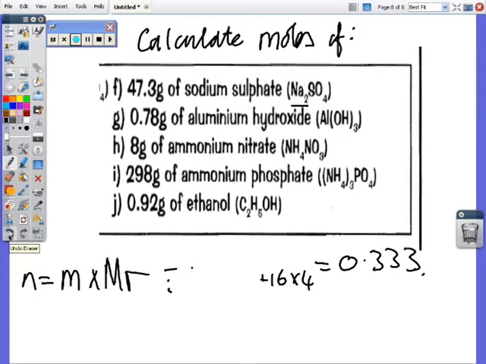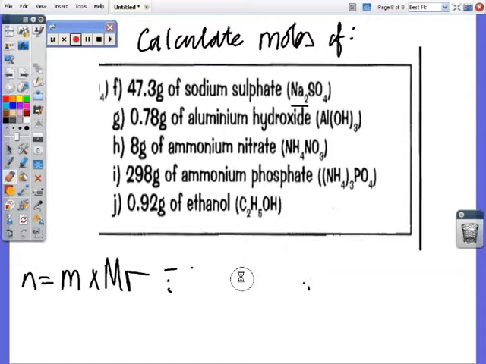Okay, then we move on to our 8 grams of ammonium nitrate. Again, we have 1 nitrogen, 4 hydrogens, 2 nitrogens, 4 hydrogens and 3 oxygens in our ammonium nitrate. I'll just rub out these annotations which have crept in, and that is 0.1 moles again.